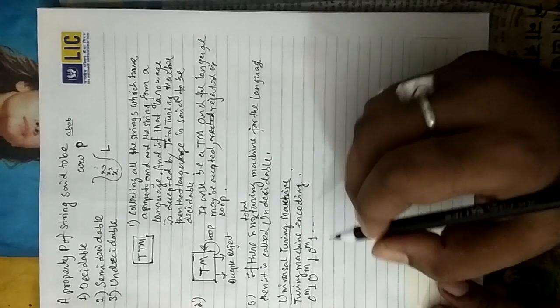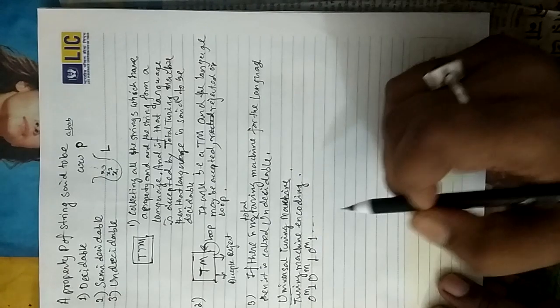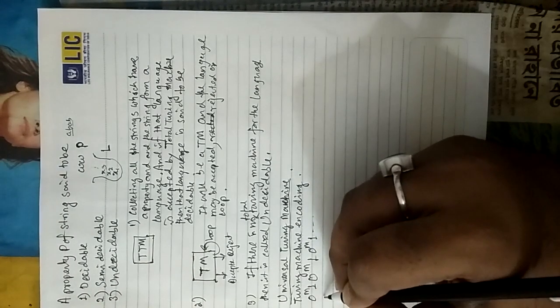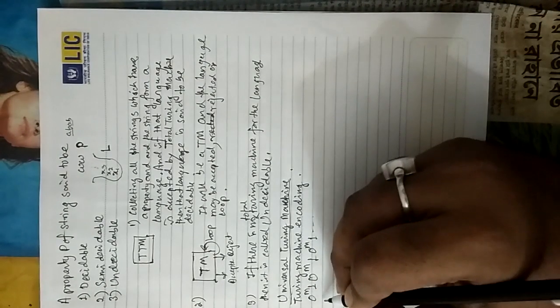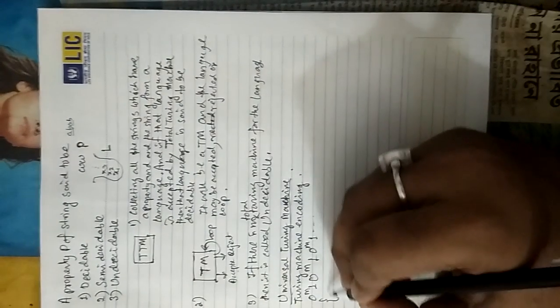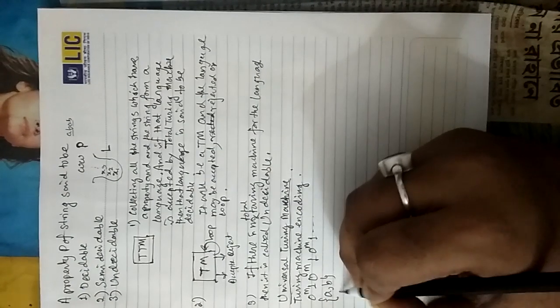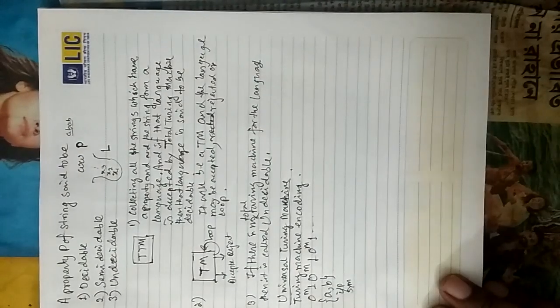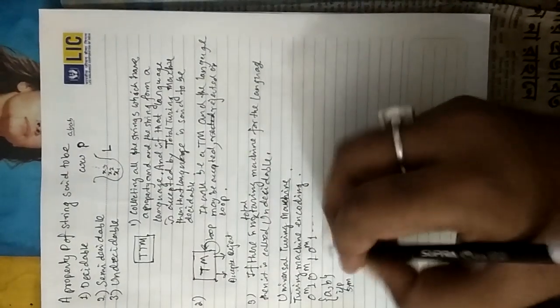So this is some binary format. Now let us represent the Turing machine. What are the specialties of a Turing machine? First, there will be some input symbols. Next, there are some states.